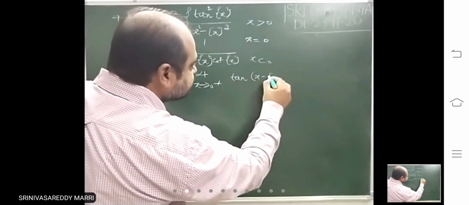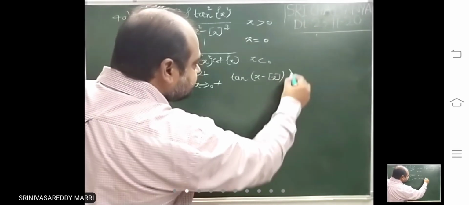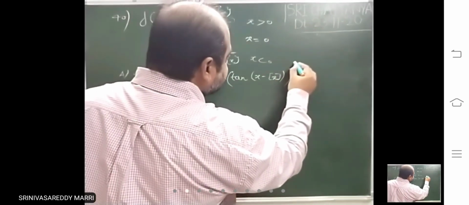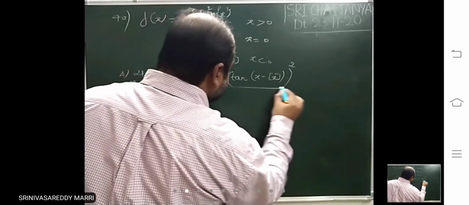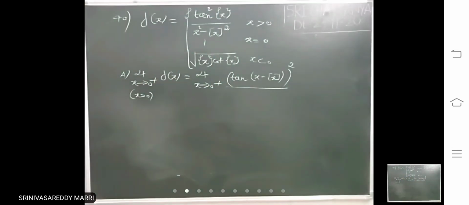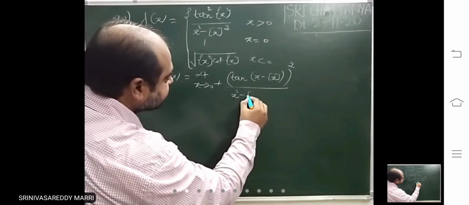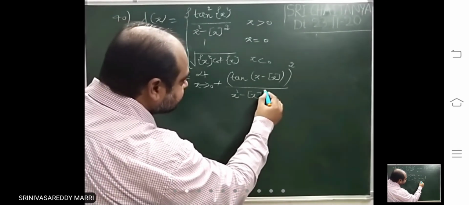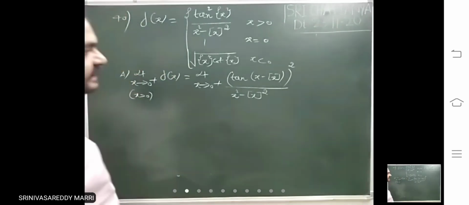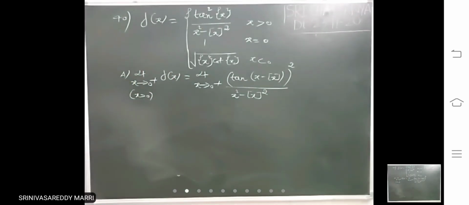What is the fractional part of x? It is nothing but x minus [x]. So tan of x minus [x] whole square divided by x square minus [x] whole square.